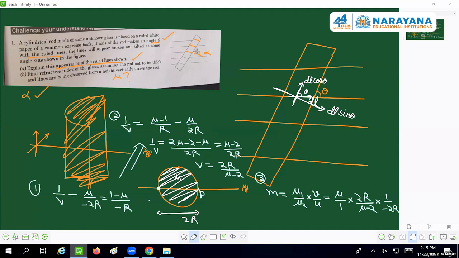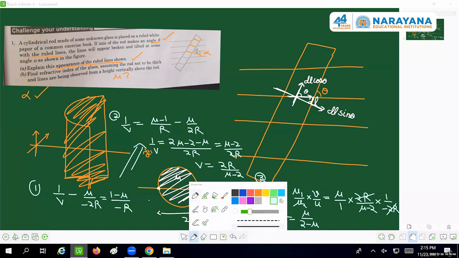So m for me comes out as mu upon 2 minus mu. If I solve this, this comes out as mu upon 2 minus mu. And that is the clear observation.